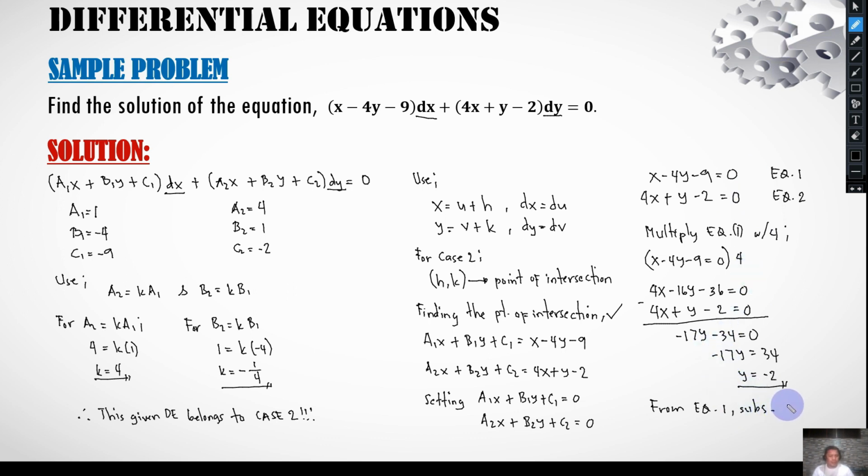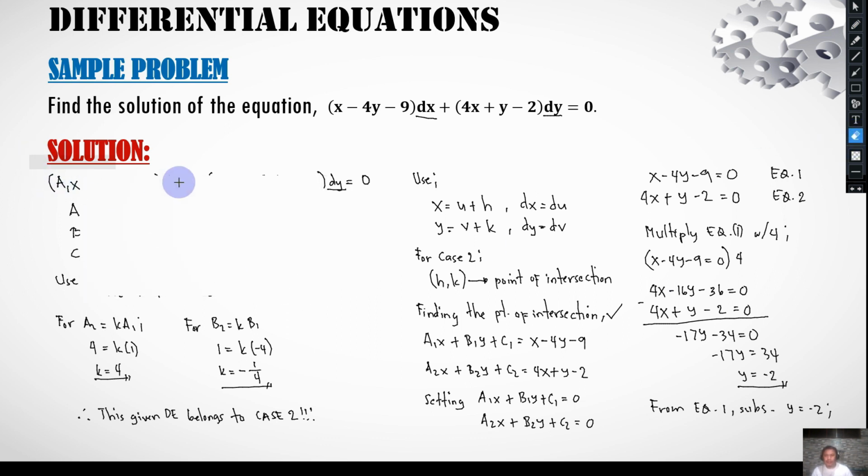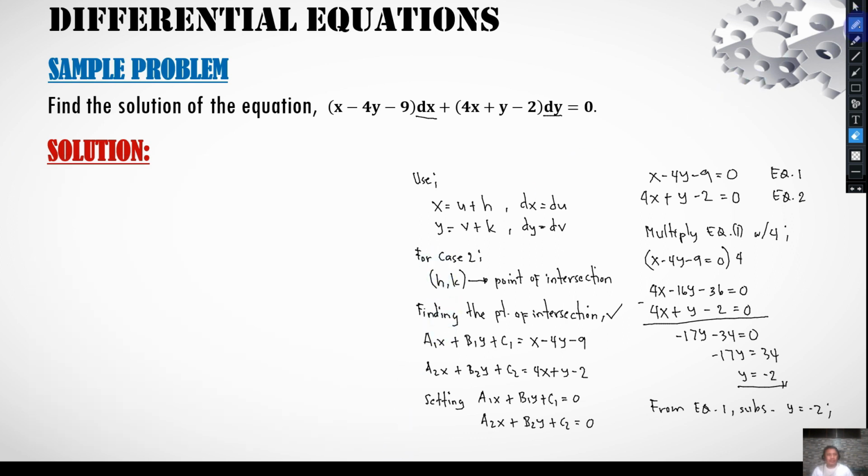Substitute y is equal to negative 2. Okay? So from equation 1, we have now x minus 4y minus 9 is equal to 0.